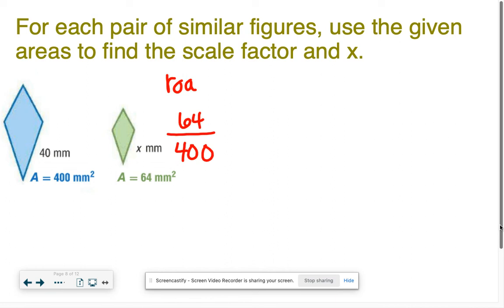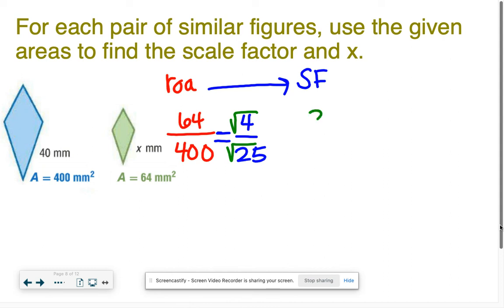And 16, I think, is the biggest number that goes into both of these. I'm just kind of helping you out here. So 64 divided by 16 is 4. 400 divided by 16 is 25. Now from here, we want our scale factor. Now our scale factor, we take the square root of both of those. So we're going to have 2 over 5.